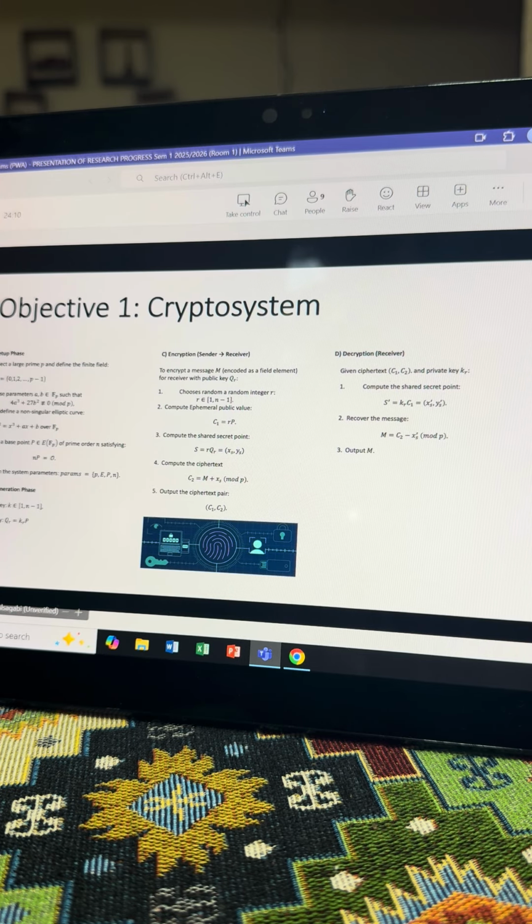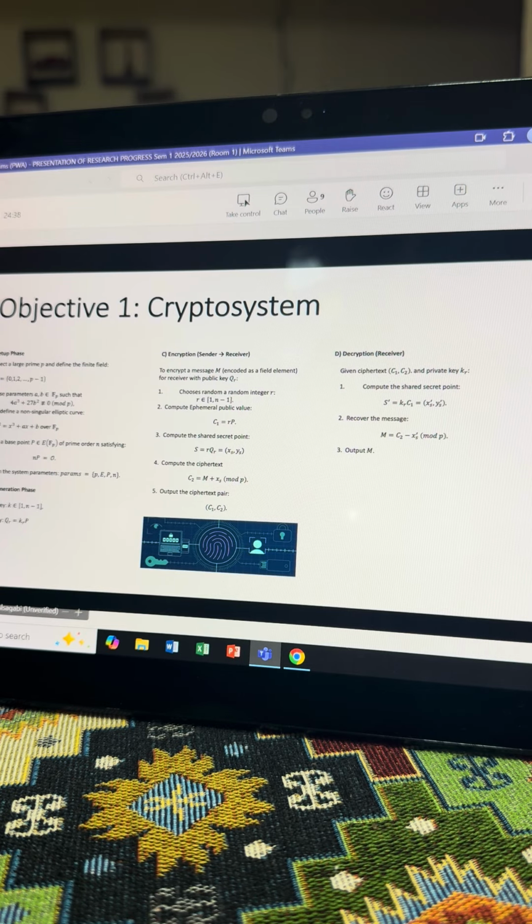For the proposed crypto system, I first defined the elliptic curve environment by selecting a large prime P, constructing the finite field, and choosing secure curve parameters and a base point of prime order. The receiver's private key is a random scalar, and the corresponding public key is obtained by scalar multiplication on the base point.